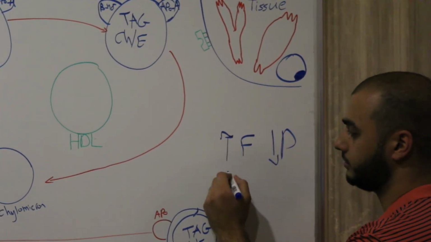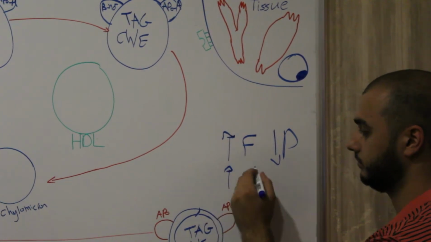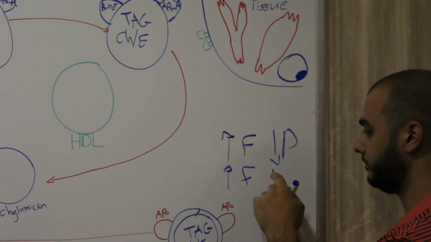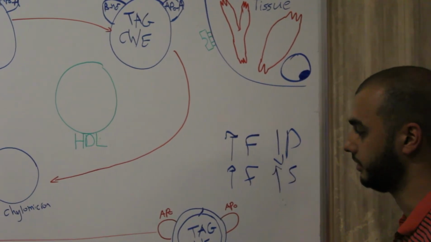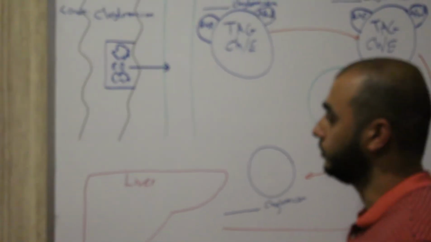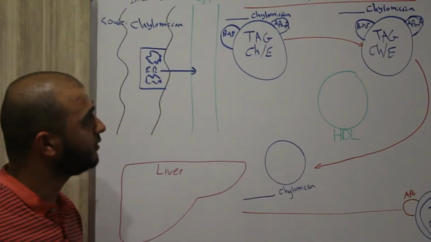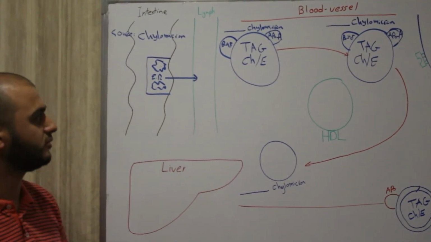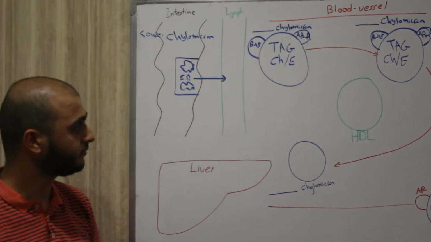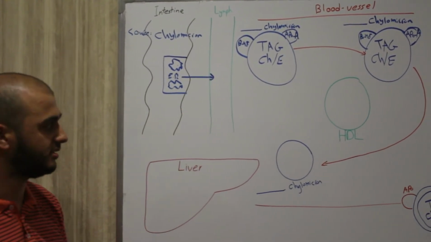And whenever there is more fat, this lipoprotein will be bigger in size. So chylomicron has the highest content of fat, so it's the biggest in size and the lowest in density.